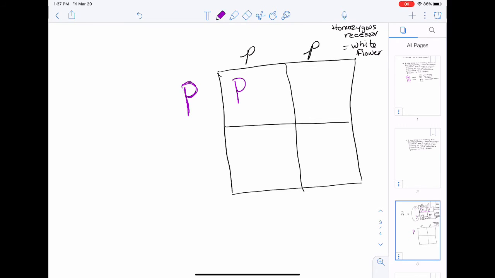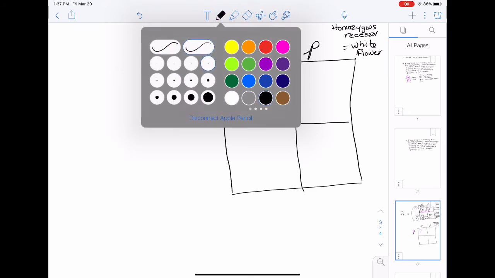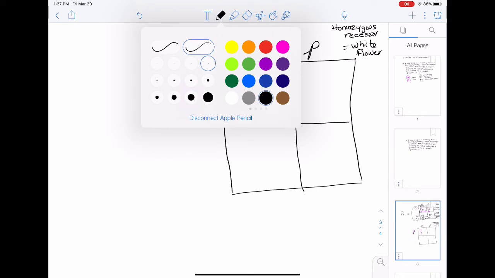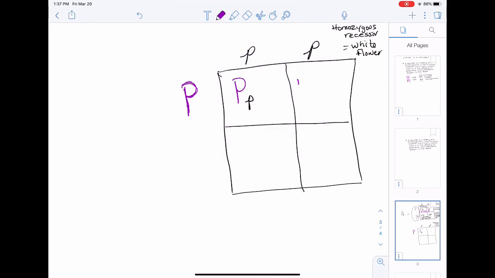So everybody here is going to be big P, little p, big P, little p. That means the phenotype is purple; the phenotype is the trait you see. And the genotype is going to be heterozygous.